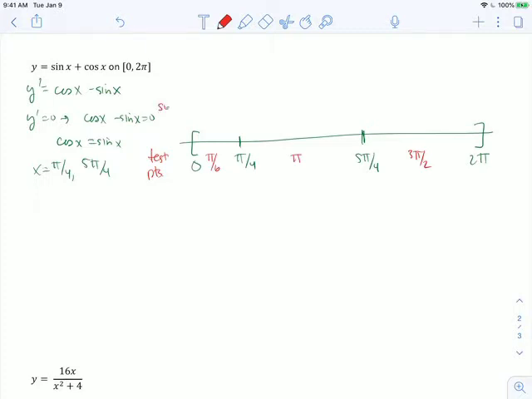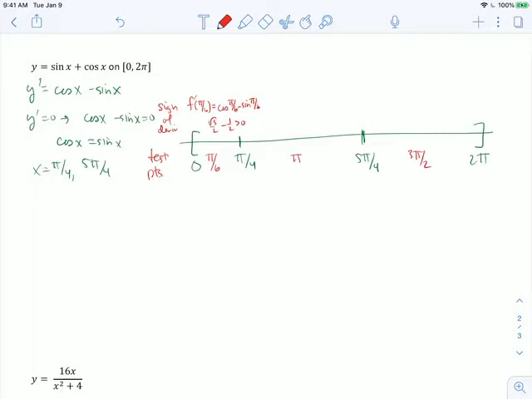And so the next thing we do is we look at the sign of the derivative. And so I evaluate at pi over 6. That's going to give me cosine of pi over 6 minus sine of pi over 6. Square root of 3 over 2 minus 1/2.